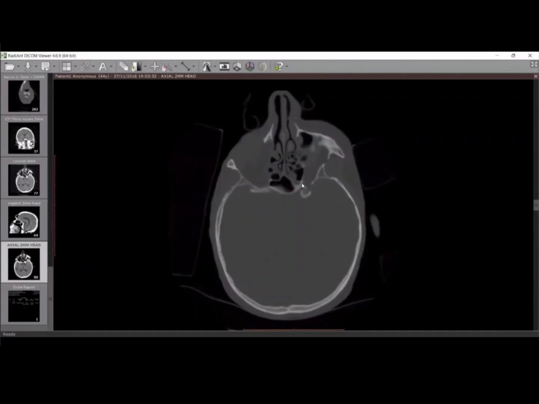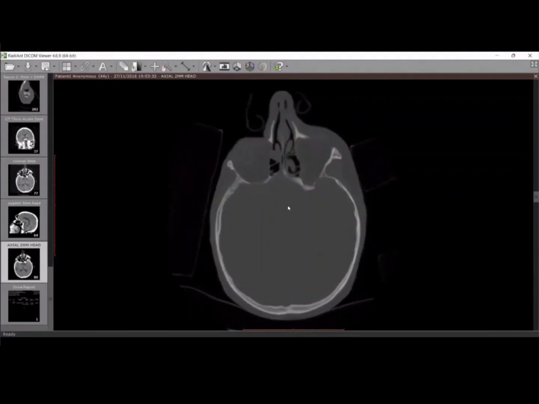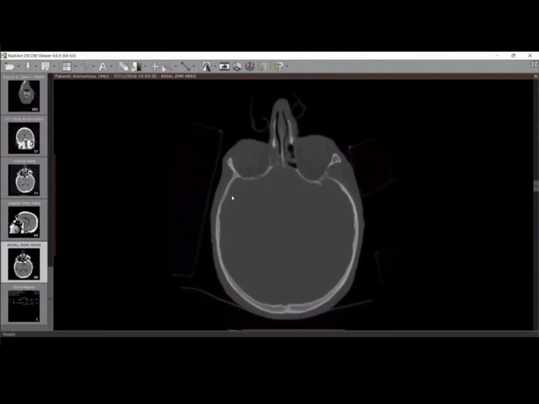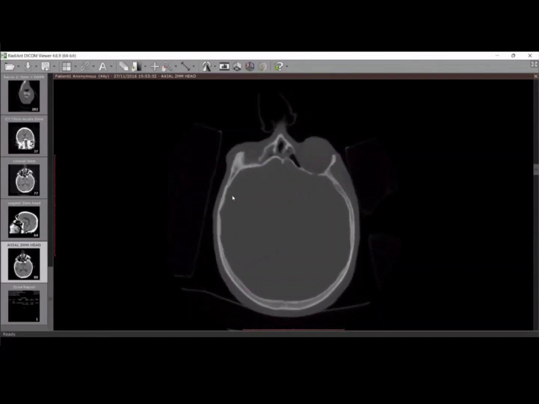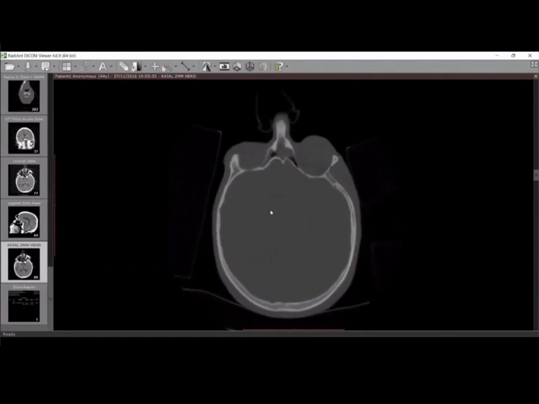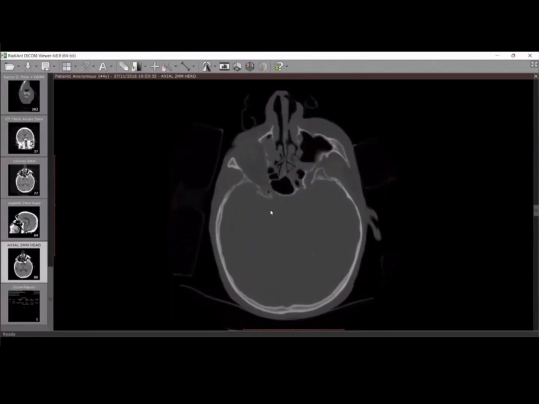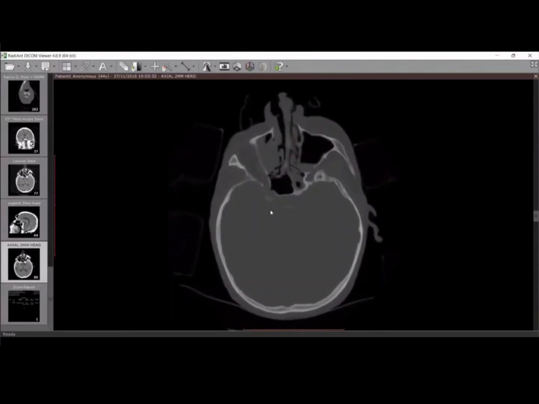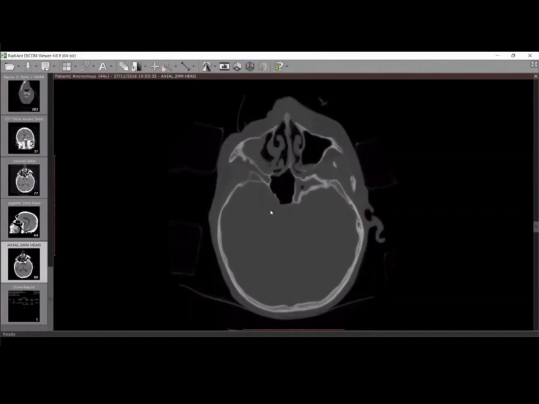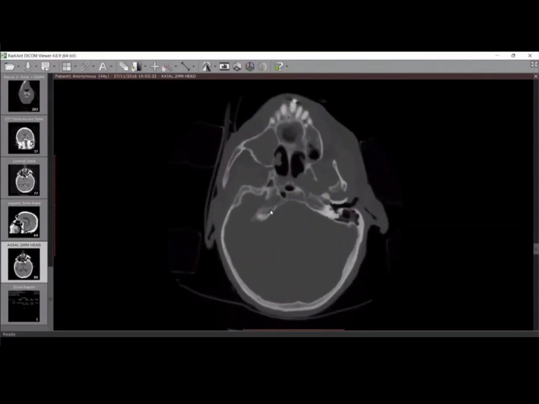So there are multiple fractures involving the orbit as well, in fact the right side as well. Basically there are multiple fractures involving the boundaries of both orbits as well as the posterior aspect of the left sphenoid sinus. I would be very concerned about this patient. I would pick up the phone and involve the neurosurgeon as well as the faciomaxillary surgeon for active management of this patient.